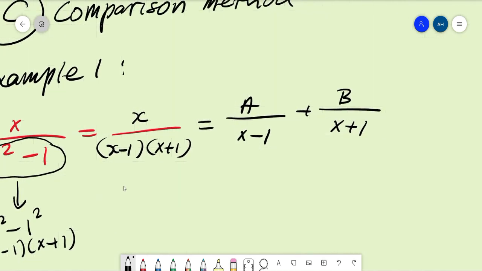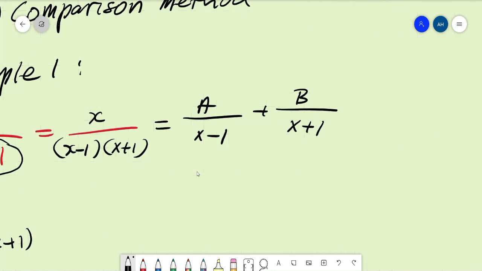This problem also is of type 1 because we have distinct linear factors. x minus 1 and x plus 1 are distinct, and at the same time they are linear factors. So on the right hand side we have a over x minus 1 plus b over x plus 1.